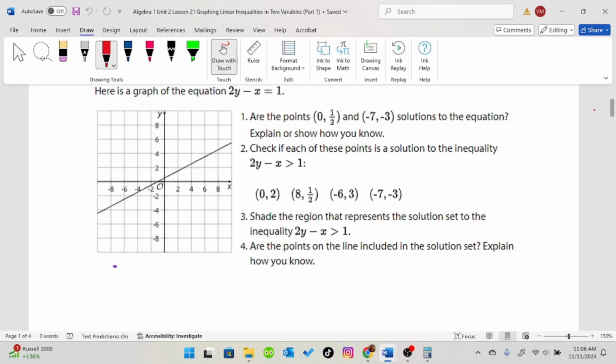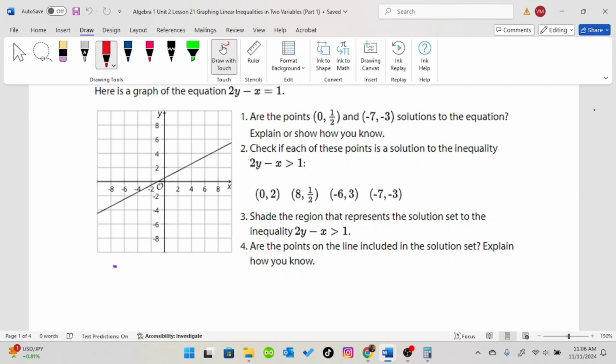Our first practice problem says here is a graph of the equation 2y minus x equals 1. And question number 1 wants to know, are the points (0, 1/2) and (-7, -3) solutions to the equation? So in order for the points to be solutions to the equation, there are two ways to check.